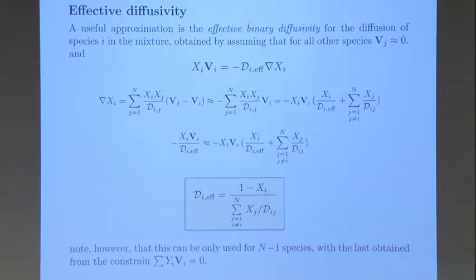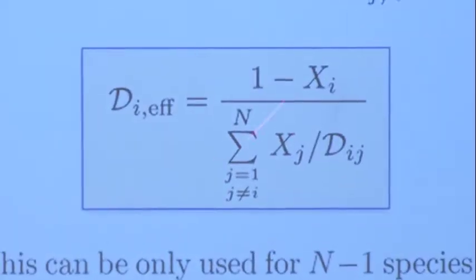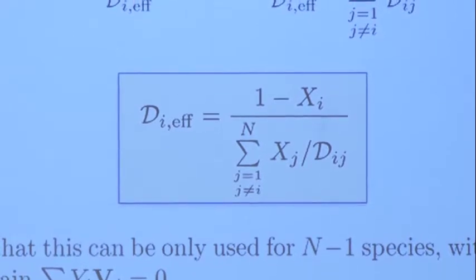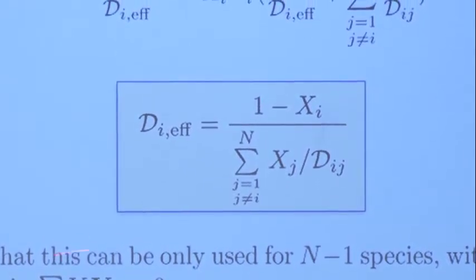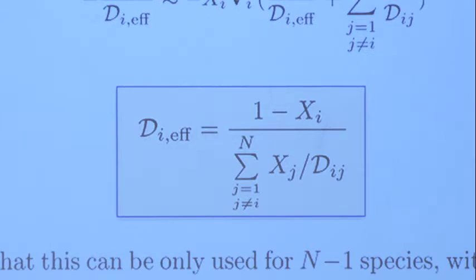And if you do that, you can obtain an effective diffusivity, which is written here in terms of mole fraction. And again, you can use this only for N-1 species because it's not exact. So if you use it for all the N species, you're again not conserving mass. So the last species must be obtained from this constraint.